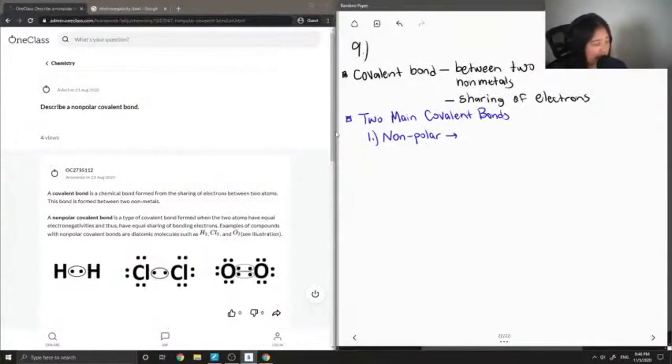So when you have a nonpolar covalent bond, this is when the two atoms have equal or similar electronegativity values.